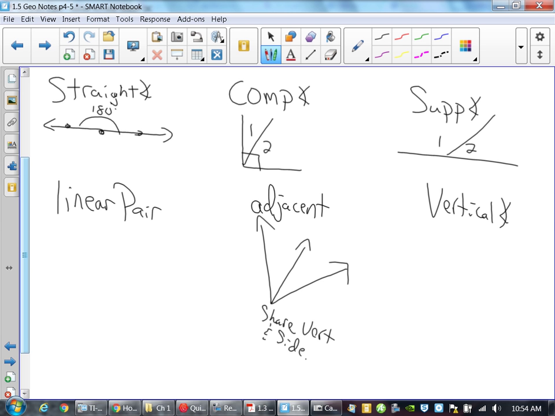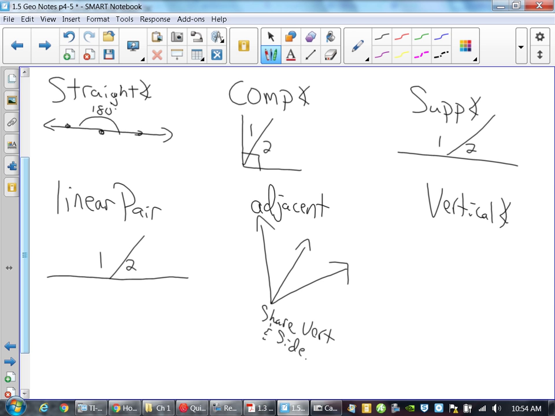The linear pair is the adjacent supplementary angles, because it's a pair of angles that create a line. Two angles that form a line. Hence, linear pair. Crazy how they come up with these terms.